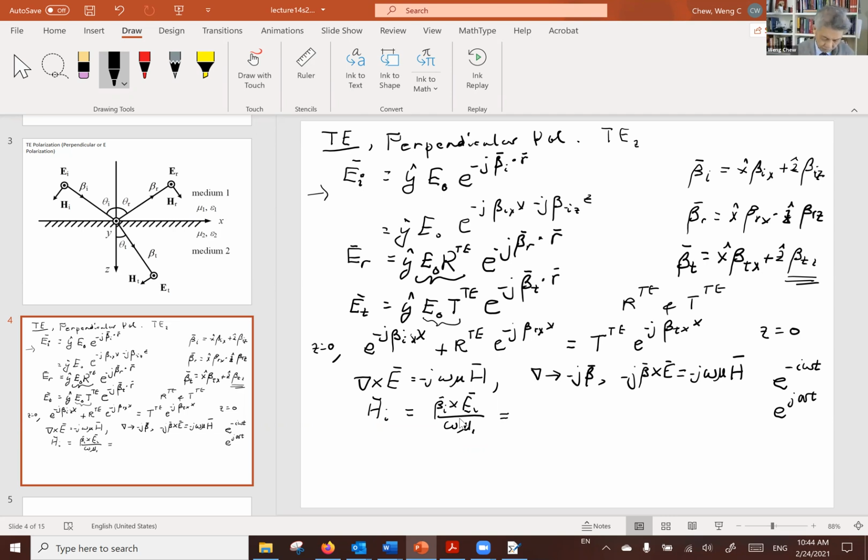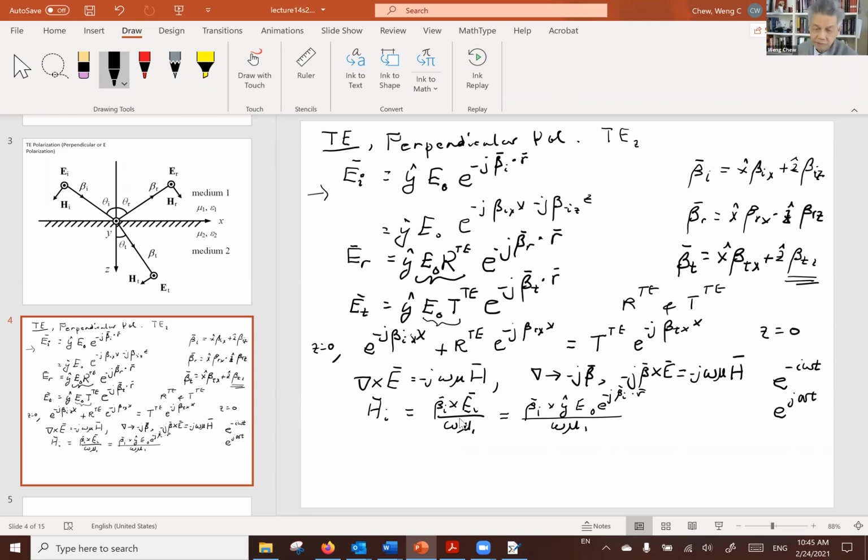And this would actually be something like beta_I cross y hat E naught e to the minus j beta_I dot r over omega mu 1. Okay, and if you go to the vector algebra, you can show that if you take the cross product properly, you don't have to use a determinant.